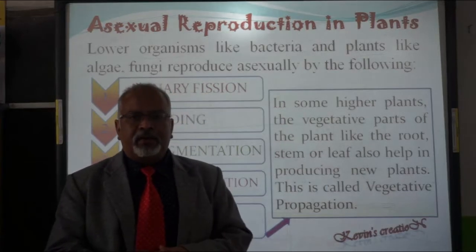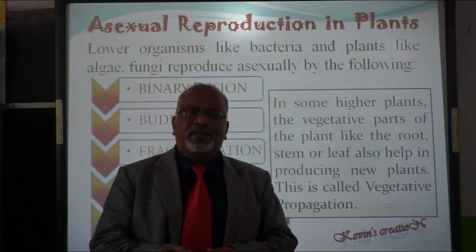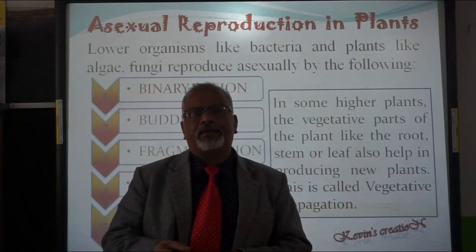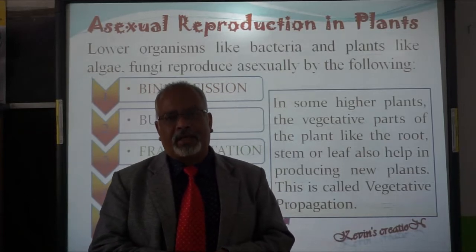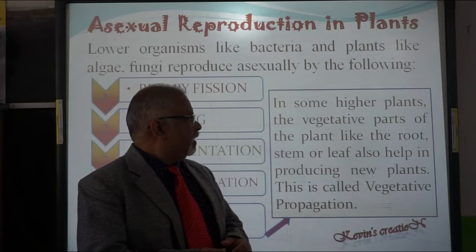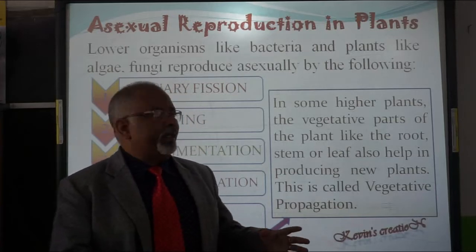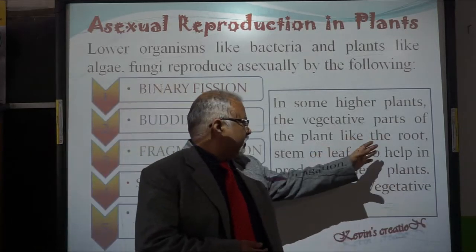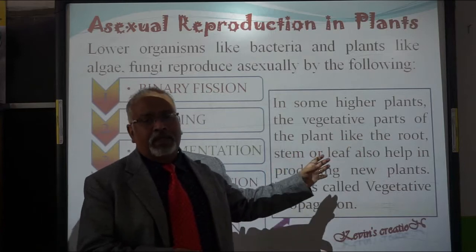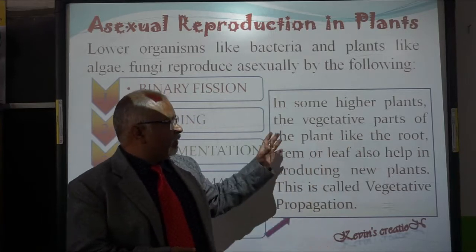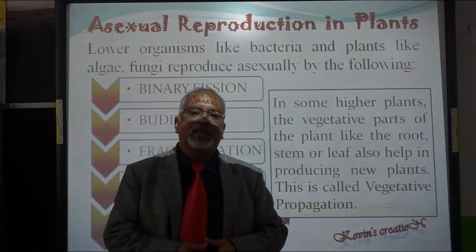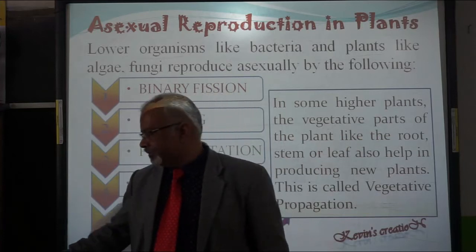Usually we know that seeds are there in the fruit, and through the seeds the new plants germinate. But if the reproduction takes place through the root, stem or leaf, that is called vegetative propagation or vegetative reproduction.